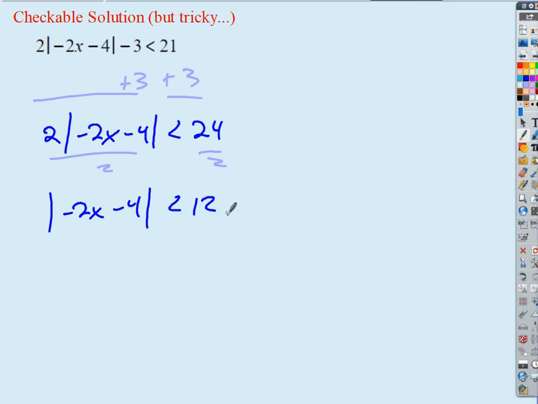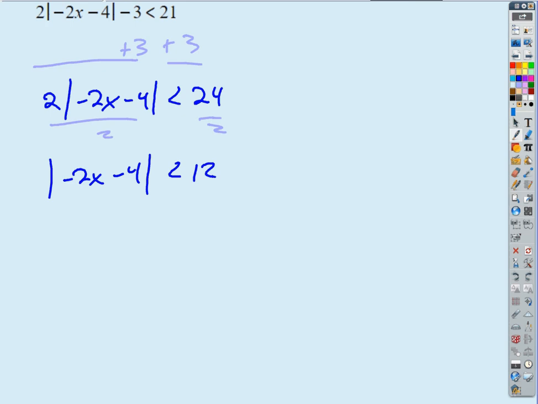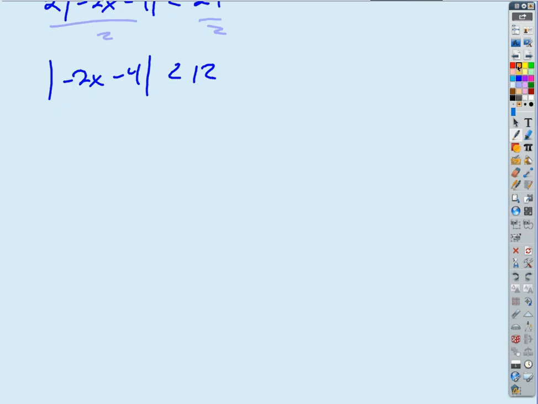And so I'm going to set up and or whoever's watching. And, good. Because I've got an isolated absolute value less than a number, so it's going to be and. Because in the middle is going to be greater than the negative and less than the positive.